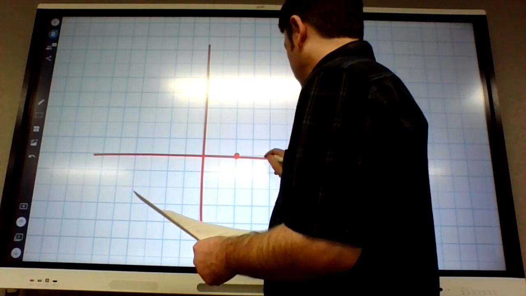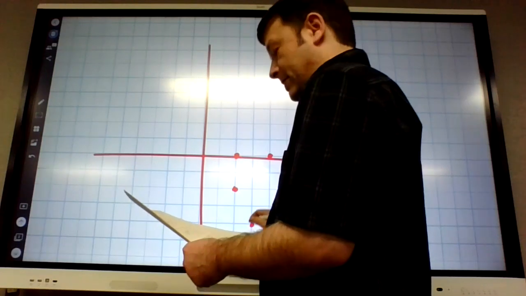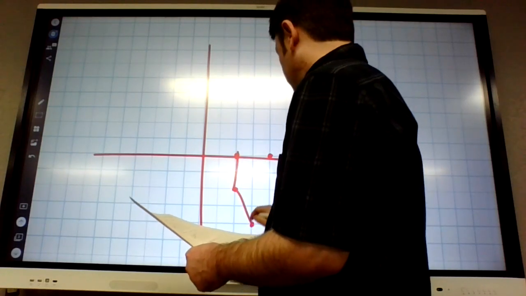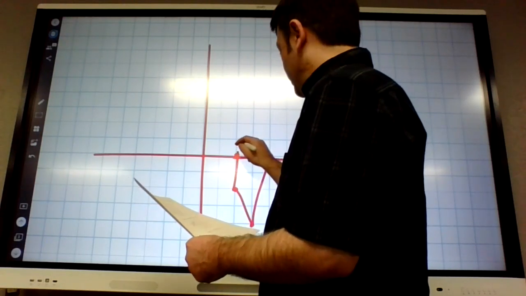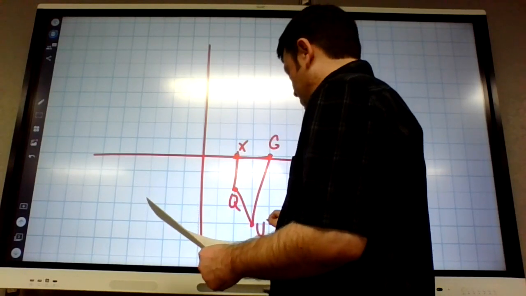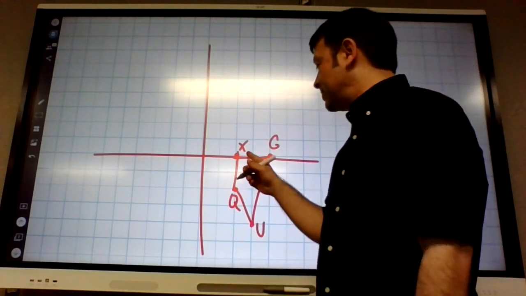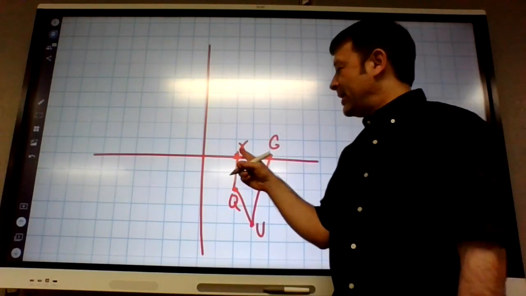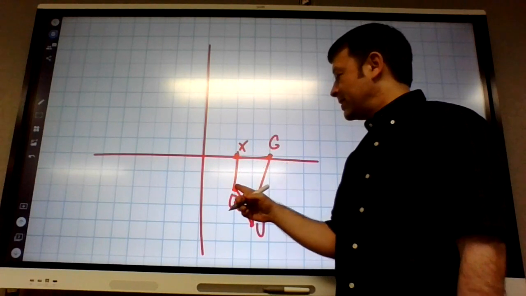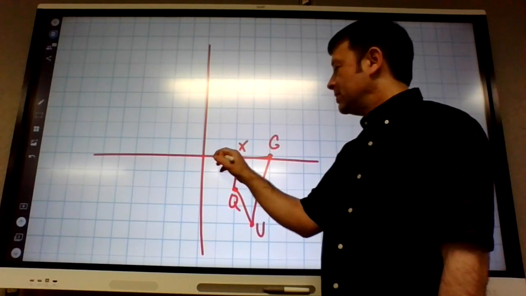Okay. It's this shirt. I'm not gonna do all these, I'm just gonna do one as an example. It looks like that, right? So when you draw the translation, all you do is look at every point, every vertex on the graph, and just slide it one to the left.